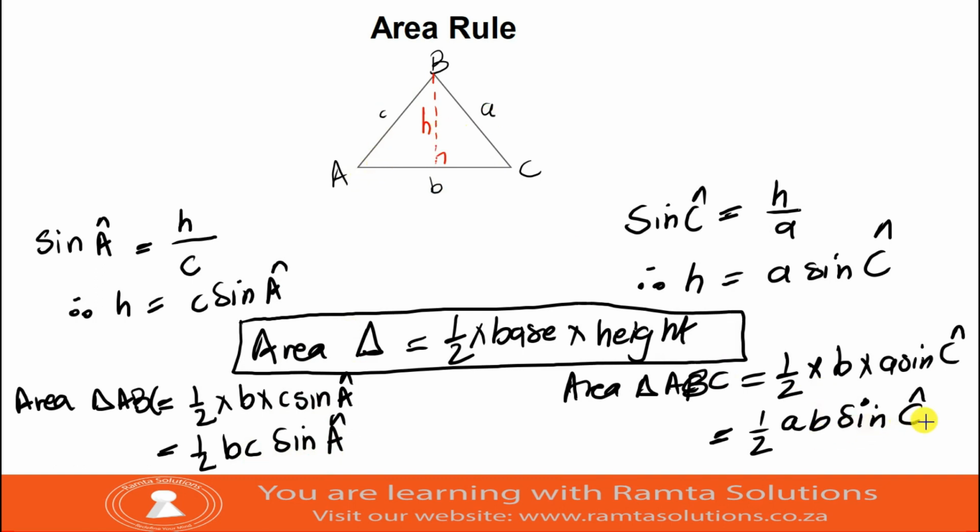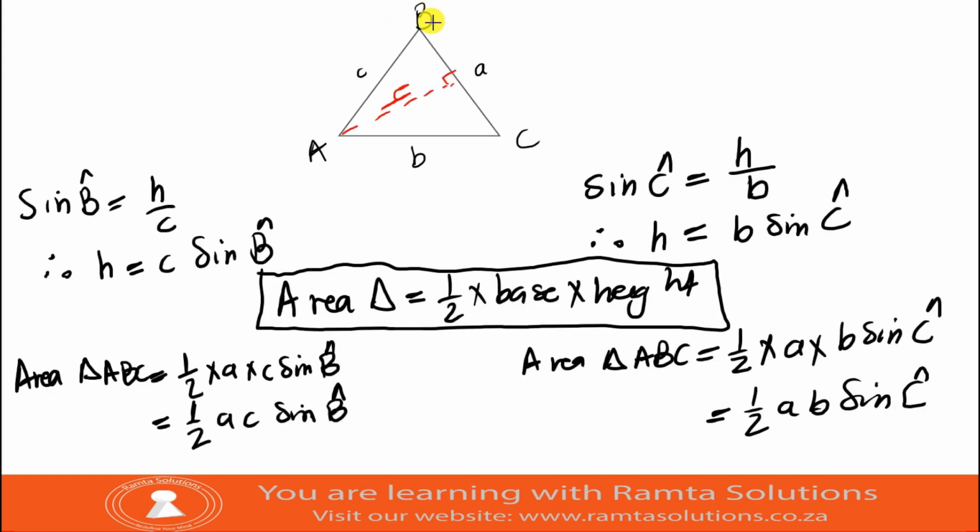This is the case here, angle C. To find the area using angle C, we use AB. They are not opposite angle C. Then angle B, we use AC. Angle B, AC, they are not opposite to angle B. Okay?